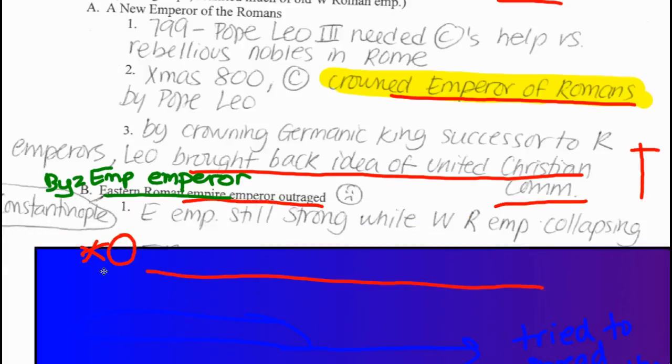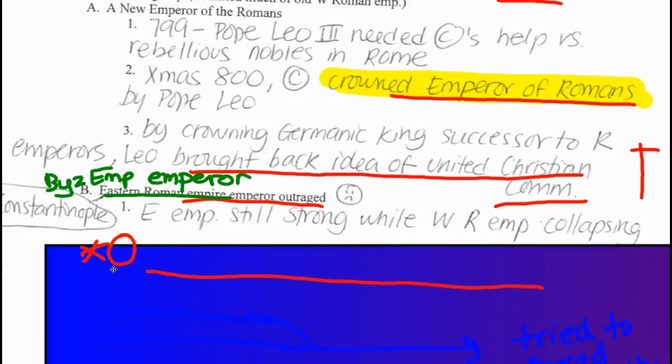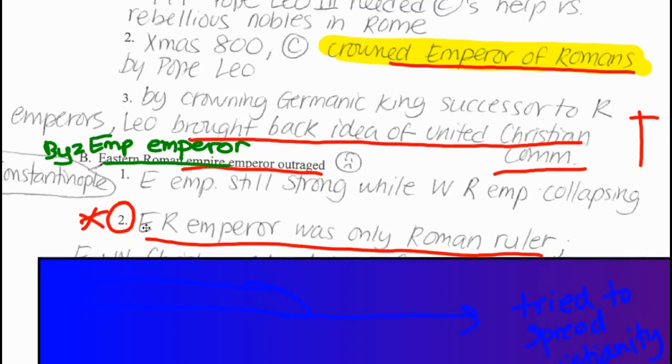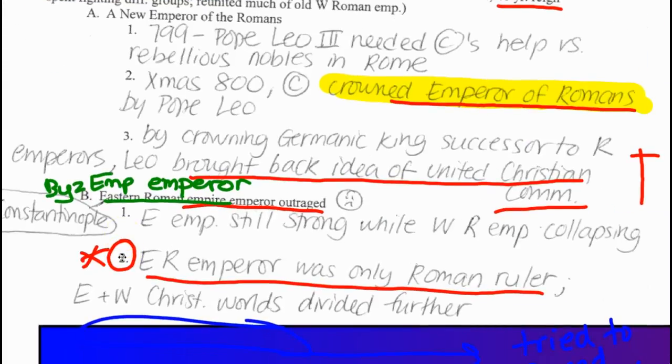So the Byzantine Empire Emperor was offended that Charlemagne was crowned Emperor of the Romans, because he thought he was the only Roman ruler. Remember, the eastern part of the Roman Empire did not fall like the western part did.